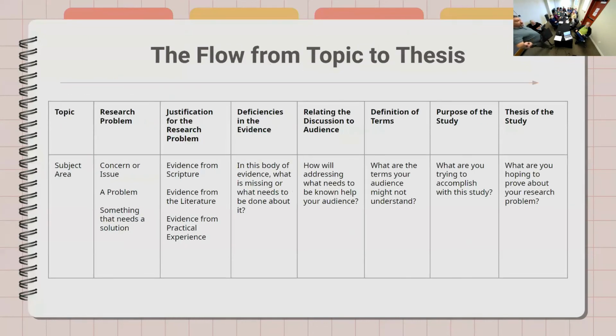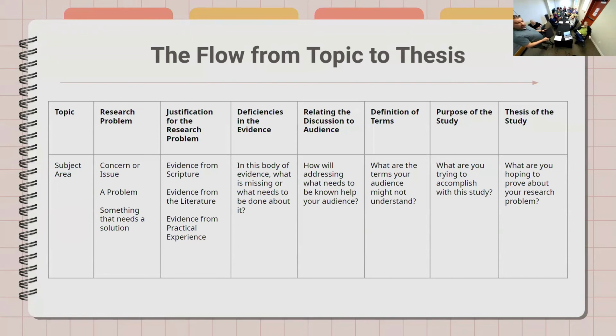Again, this will be in the PowerPoint that I'm going to send out to everybody, so everybody will have this. But if you think of this as a flow from one side to the other, you start with a topic or a subject area. Narrow that down, then your research problem: your concern, your issue, something that needs a solution. The justification: what's the evidence? Evidence from literature, evidence from scripture, evidence from practical experience.